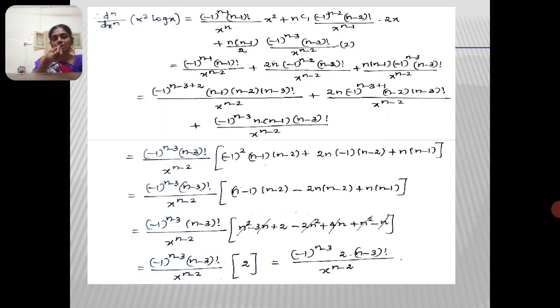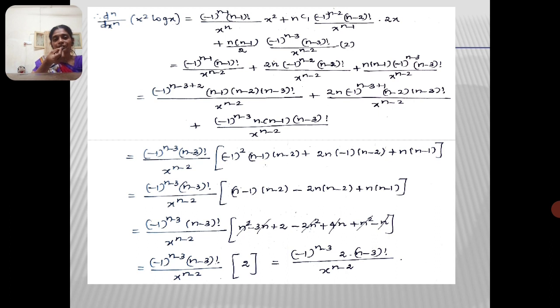So substituting all these values, we get d power n by dx power n of x square log x as minus 1 power n minus 1 factorial by x power n into x square plus nc1 minus 1 power n minus 2 factorial by x power n minus 1 into 2x plus n into n minus 1 by 2 minus 1 power n minus 3 factorial by x power n minus 2 into 2.